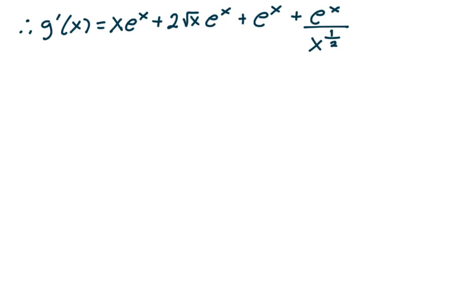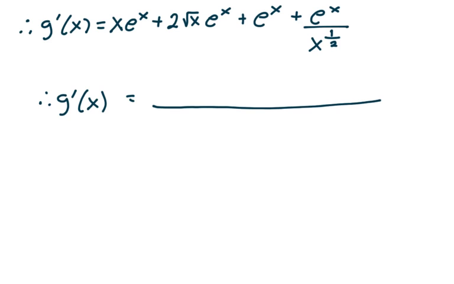And what I'm going to do is I'm going to get a common denominator, and the common denominator is x to the 1/2. So I'm going to rewrite this as a single fraction. And I want to again stress, it's very important to be able to do that for when you get to chapter 4.